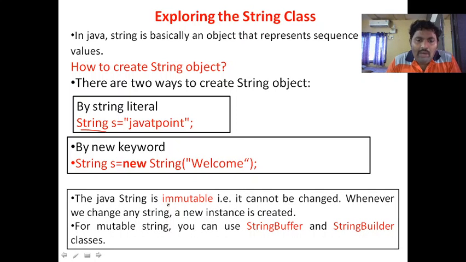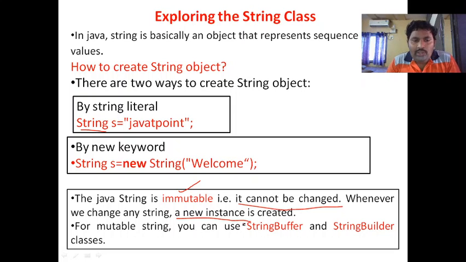In Java, the most important thing to notice is that strings are called immutable. What is meant by immutable is that once a string is created, it cannot be changed. Whenever you try to change the string, a new instance is created.